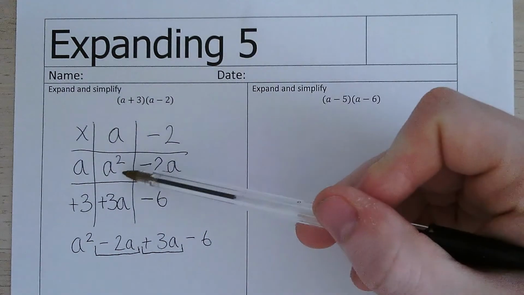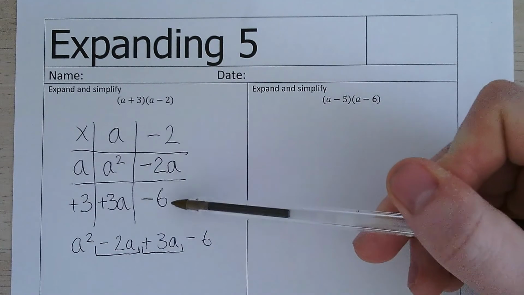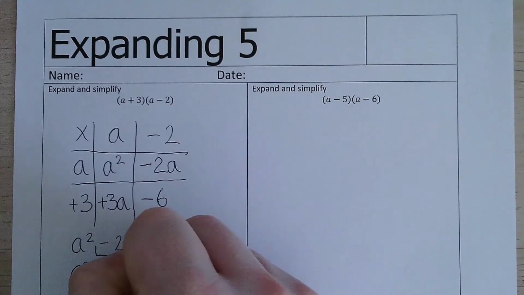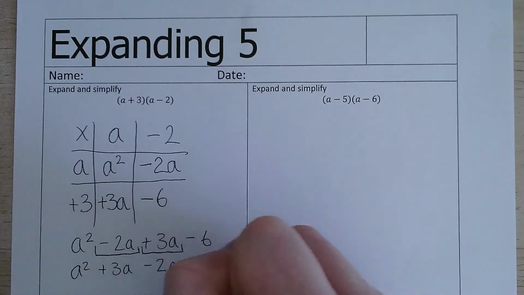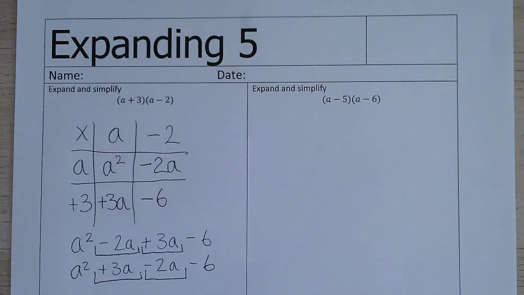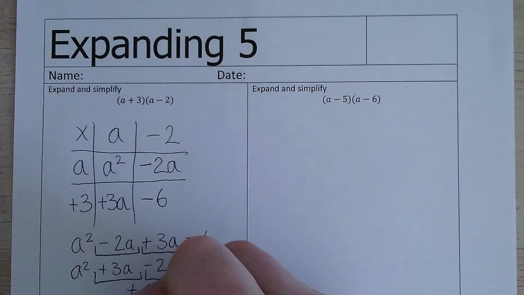If I chose to write those terms in a different order, so A squared, then plus 3A, minus 2A, and minus 6, then we would have this line, and hopefully plus 3A minus 2A is a bit more obvious what that value should be. 3 take away 2 is just positive 1, so plus 3A take away 2A ends up being positive 1A.